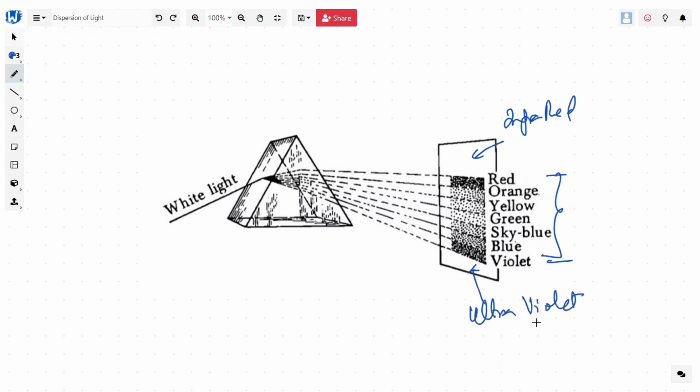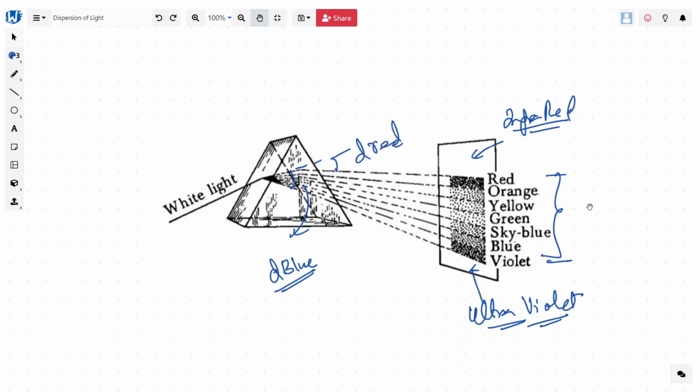There are more spectrum, but our eyes are not able to see them, so we see the spectrum. The red light, as you can see, is bending less, whereas the blue light is bending more, right? So this is the deviation for the blue, and this is the deviation for the red.